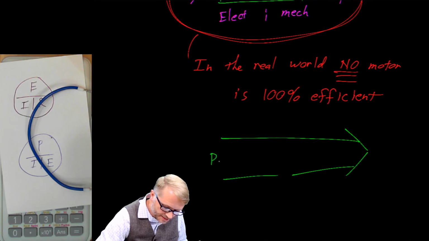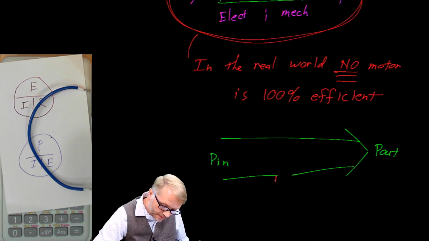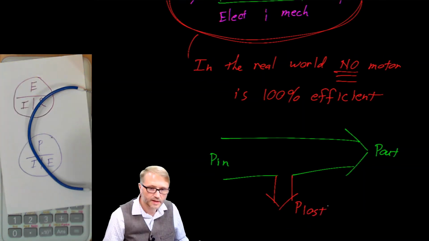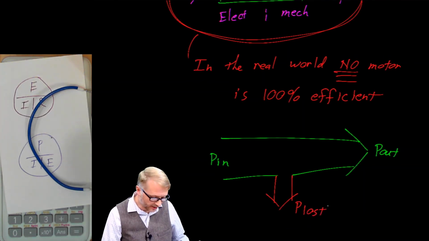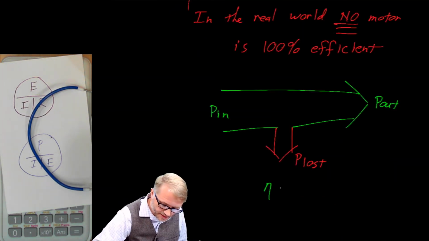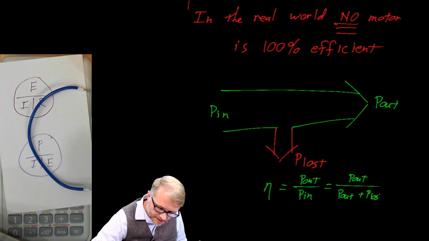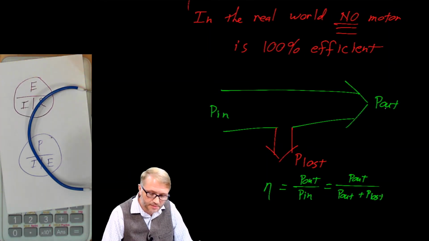So we describe this as power going in, and this is power going out. And then we have this, which is power lost. And that's unavoidable. By the way, this is called a power flow diagram. And it helps us calculate efficiency. So eta is equal to power out over power in. Another way of saying that is this is power out over power out plus power lost. Because power in is the power lost plus the power out.